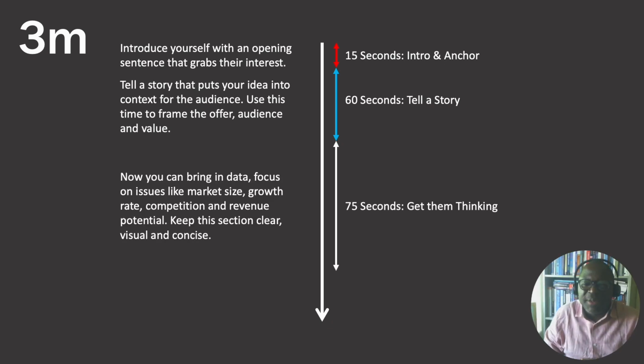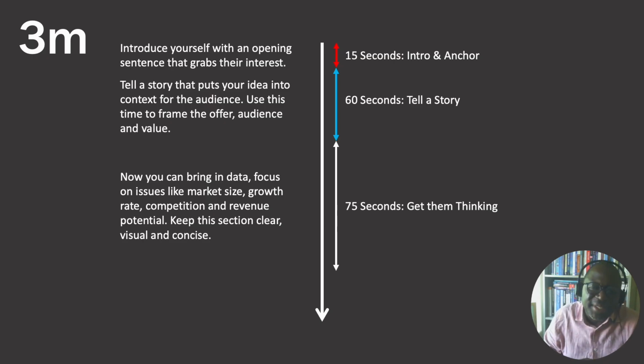And then that will be followed by 75 seconds where you get them thinking. How do you get them? You can bring in data. We discussed earlier on that to support your argument, you need facts. You can't just say something. For people to believe you, or to buy into that, they need to see some data. They need to see some evidence, from credible sources.